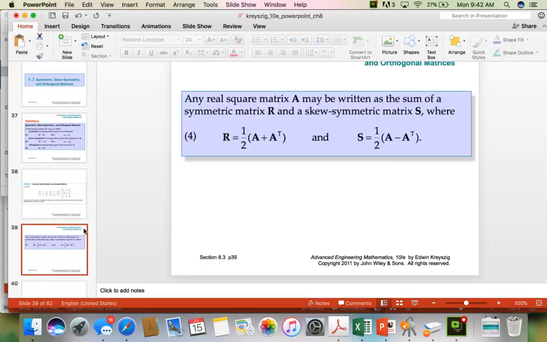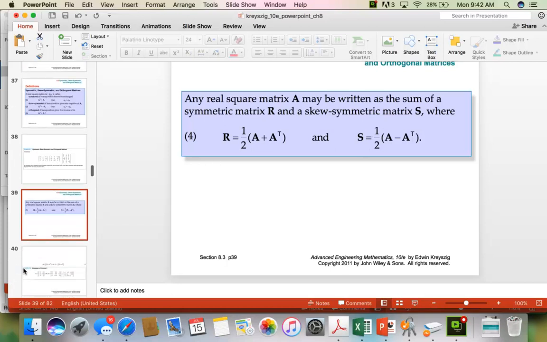It's kind of an interesting thing that any real square matrix A can be written as the sum of a symmetric matrix R and a skew-symmetric matrix S, where R and S are defined as follows. The symmetric matrix would be 1/2 of A plus its transpose, and the skew-symmetric matrix would be 1/2 of A minus its transpose.